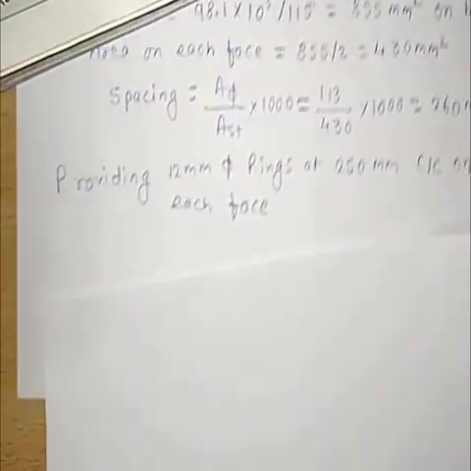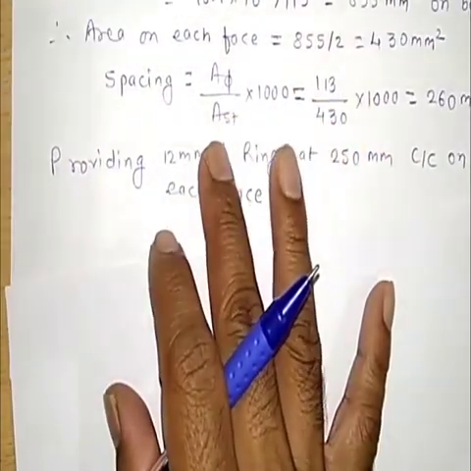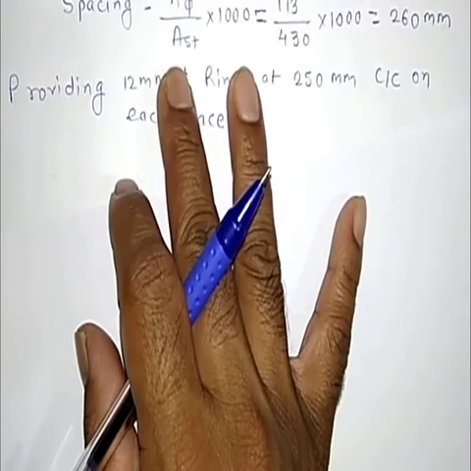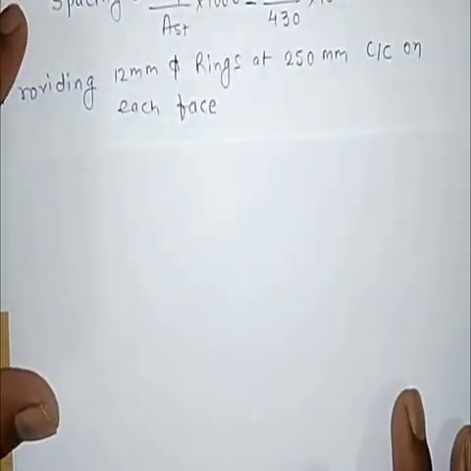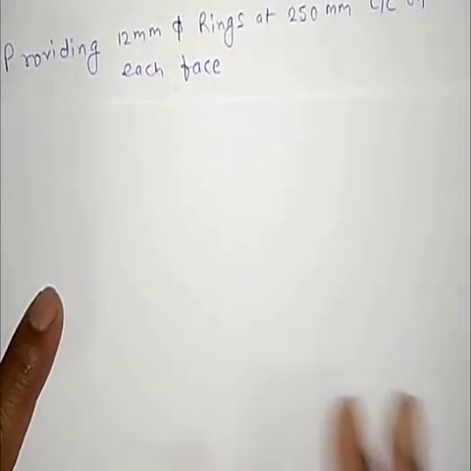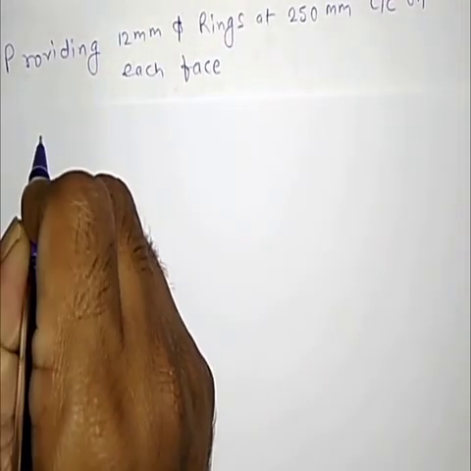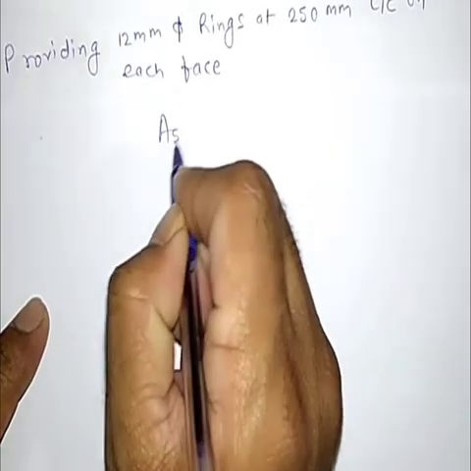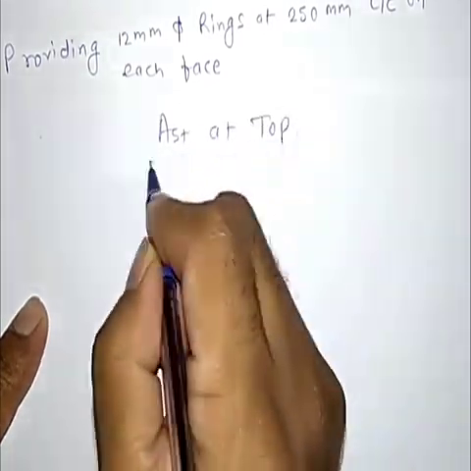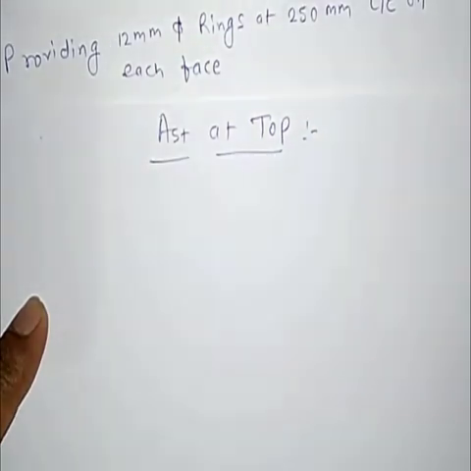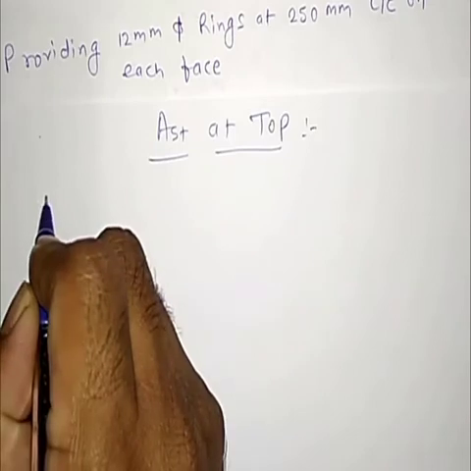Next what we need to calculate is AST at top, which is to be provided as minimum AST.